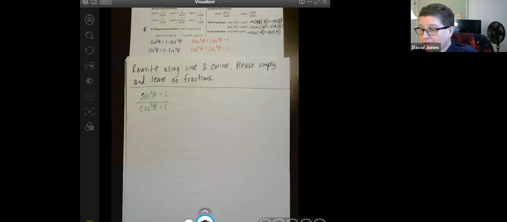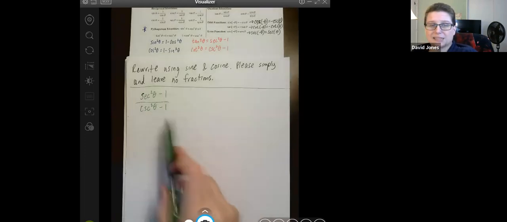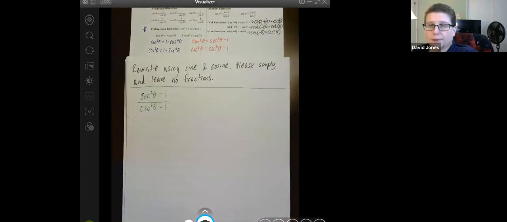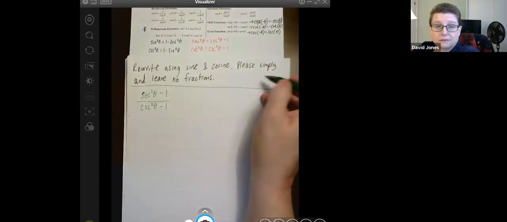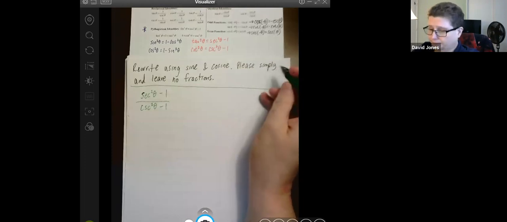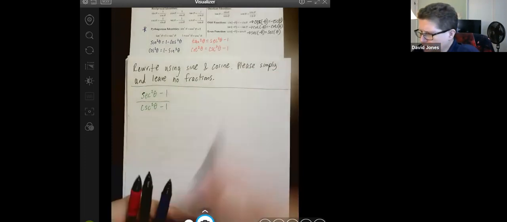In fact, often crappy looking ones like this show up. If you find a way that you can write it in a simpler form that has an easier derivative or easier integral, it can make doing the work a lot easier, which requires being able to manipulate these functions or equations or trigonometric expressions.